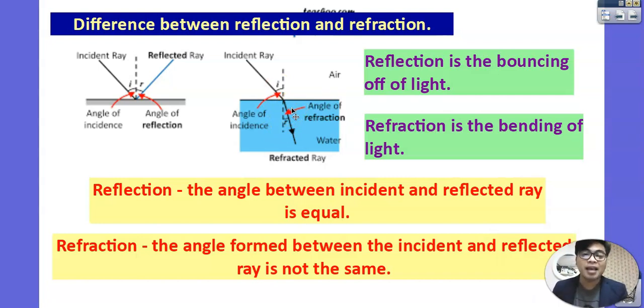Why is that? Because the light traveled in two different media. We have here the air and in this case the water. So if the light travels through two media, the air and then the water, light will tend to bend, thus refraction occurs. So these are just a few differences between refraction and reflection.